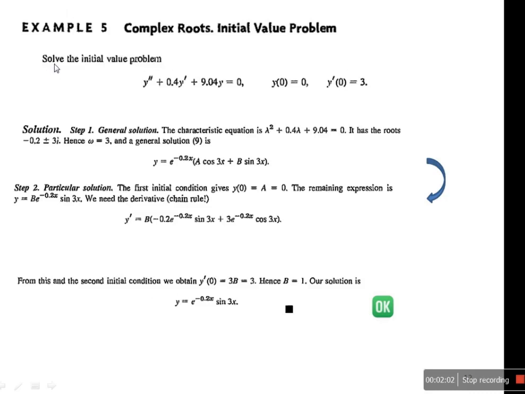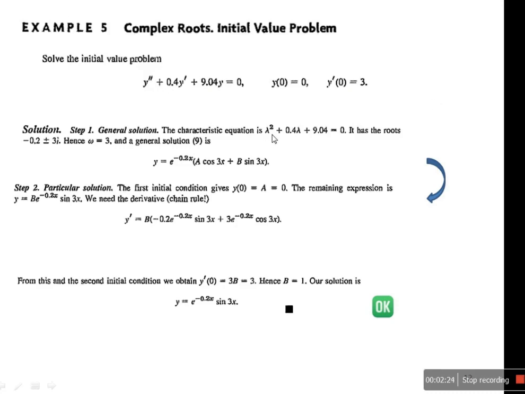Example: solve the initial value problem y double prime plus 0.4 y prime plus 9.04 y equal to 0, and these are the initial conditions. By the way, here we are talking about case 3.